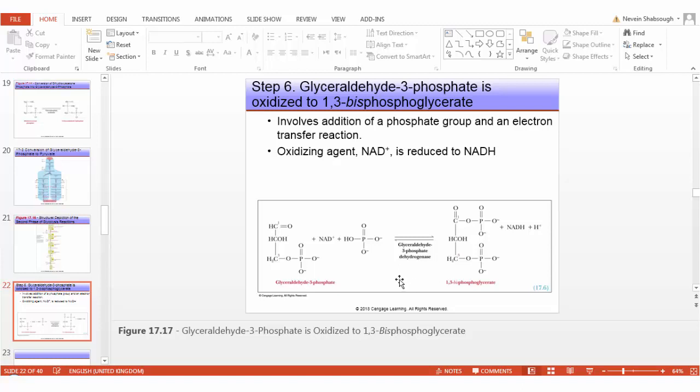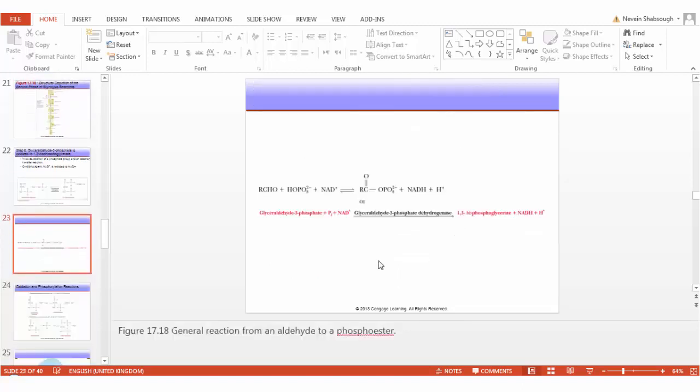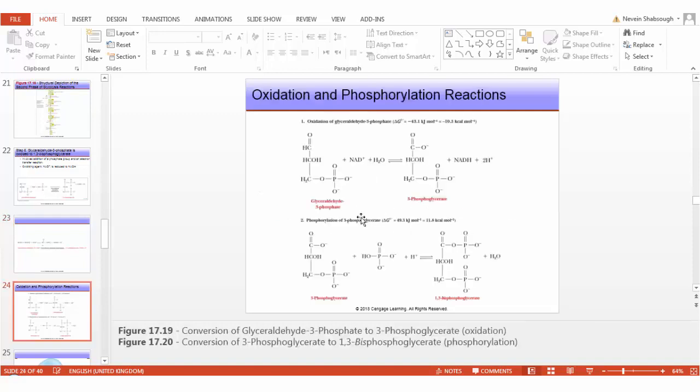You might think this is a single reaction. Actually, this is a combination of 2 reactions. The first one is the oxidation of glyceraldehyde phosphate by NAD+ to form 3-phosphoglycerate.